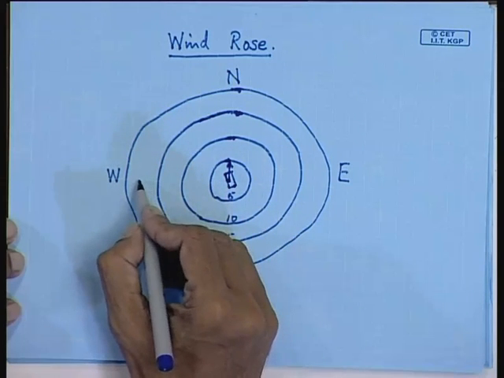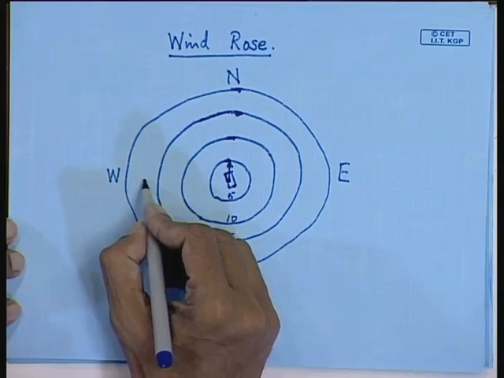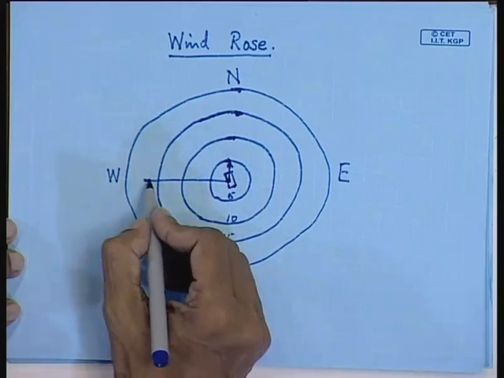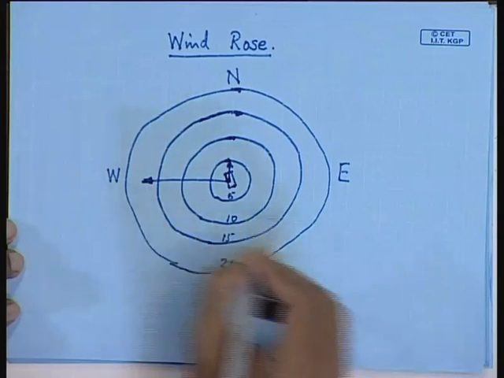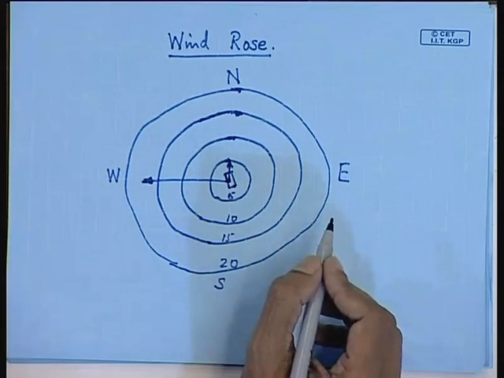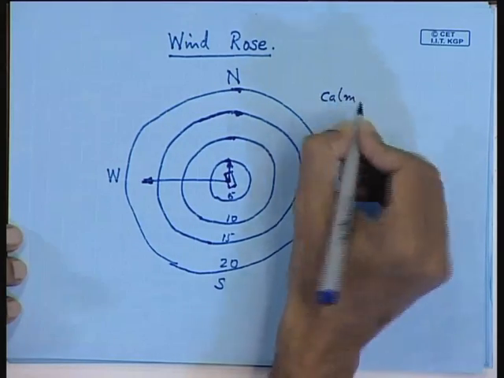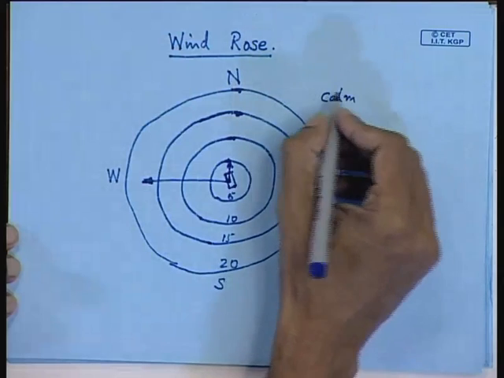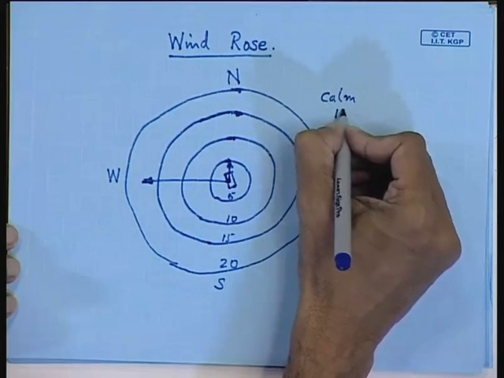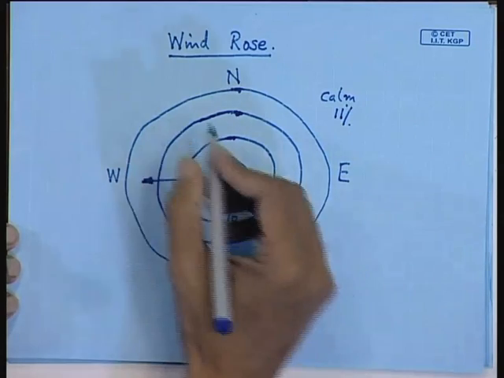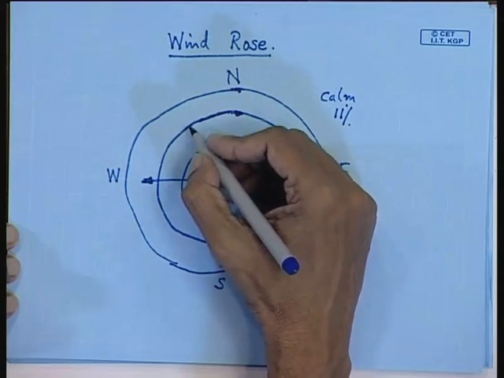If I draw a vector like this, it indicates more than 15%, say around 16 or 17% of the time the wind is blowing in the westward direction. And you have no wind. Say this is a typical wind rose for the Gulf of Mexico, where calm, that is no wind, is for 11% of the time. Like this there will be a number of directions you will get.